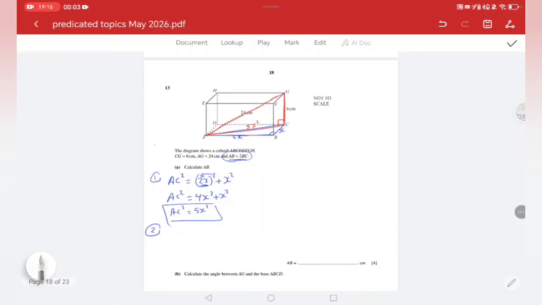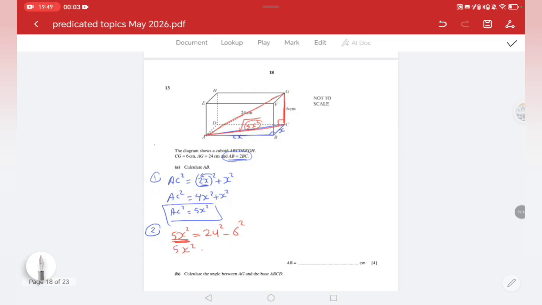By the way, this is AC squared, just to take care about this. So AC squared equals 24 squared minus 6 squared, the hypotenuse minus the other one.